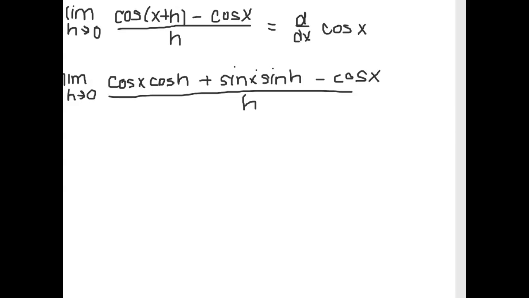So what do you think we're going to do again? Sorry, that should be a minus. It's always the opposite for cosine. Should have been a minus. When you add the cosines, it's the opposite.